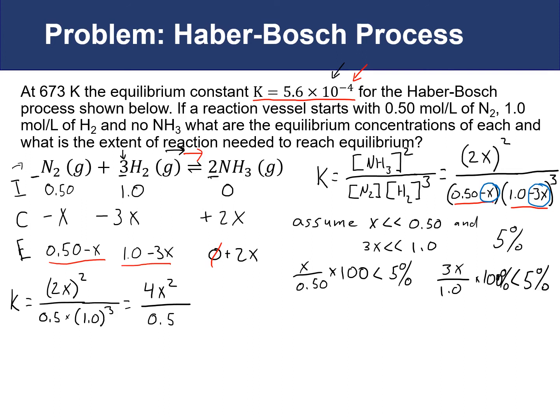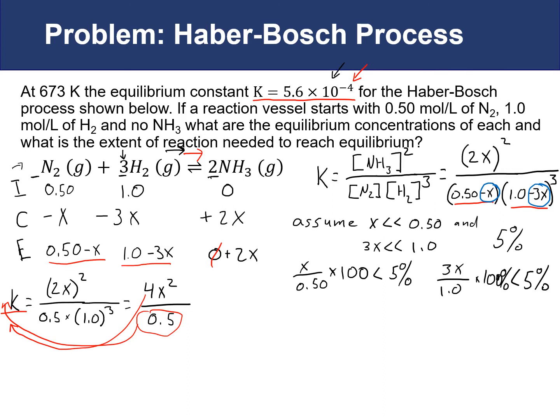We are trying to solve for x, so we need to get x all by itself. So we will multiply both sides by 0.5 and divide both sides by 4. So we're going to take our 0.5 and move it up to be with k, and we'll take our 4 and move it down below our k value.